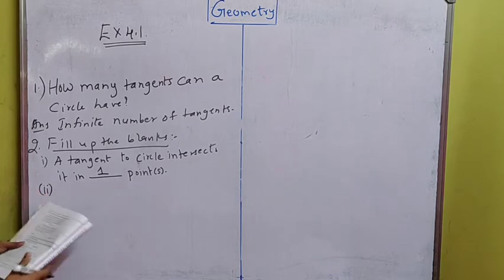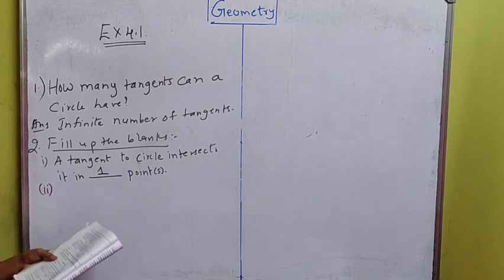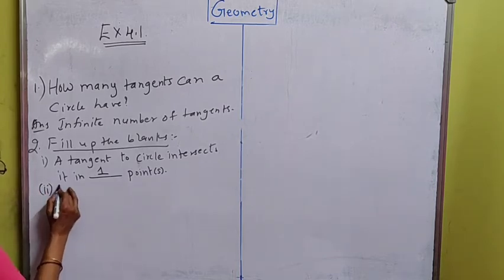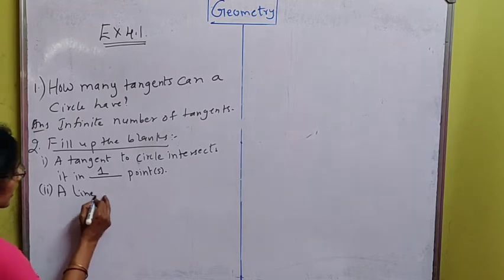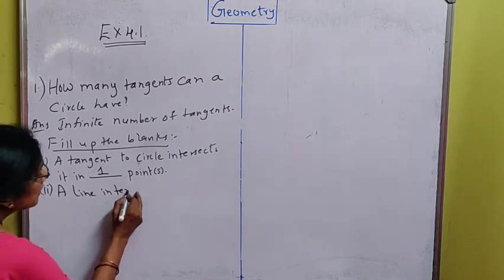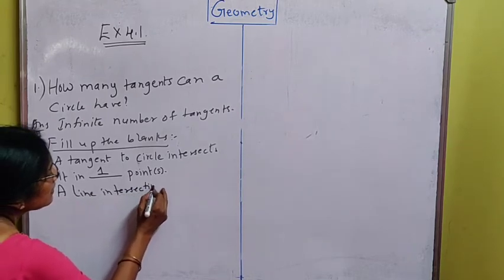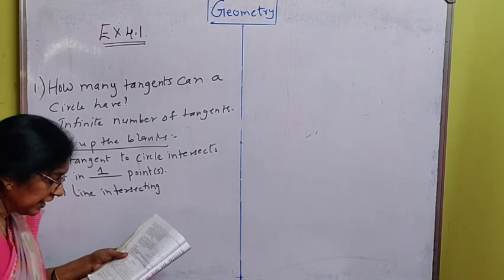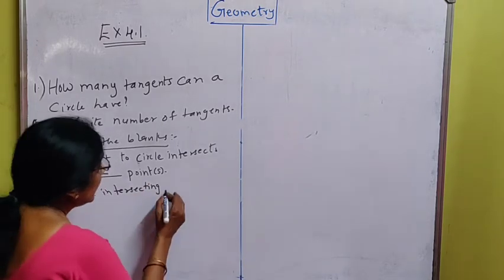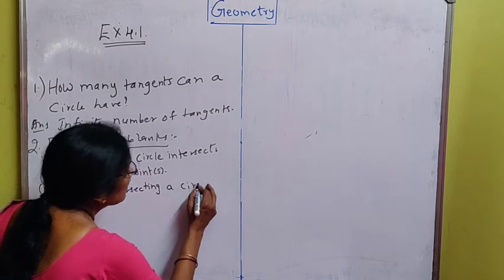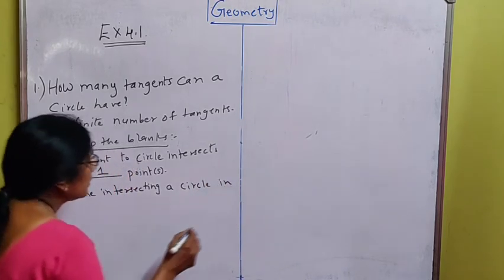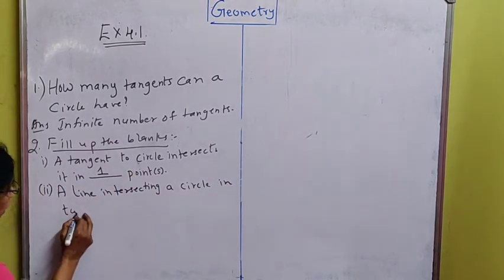What is the next question asked? A line intersecting a circle in 2 points.